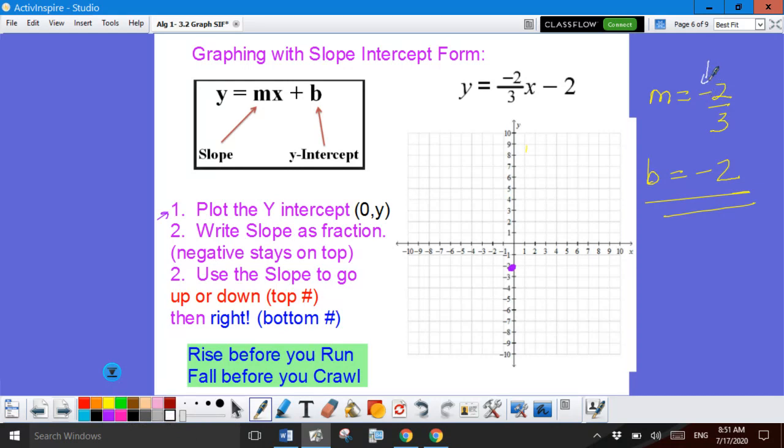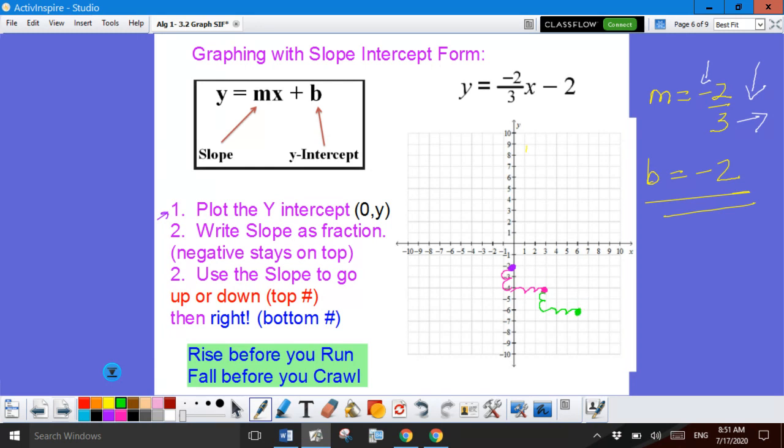Here's what you need to realize. This negative tells me that I'm going to go down 2 and right 3 from that point. Okay? So down 2, 1, 2, right 3, 1, 2, 3. Here's the next point. Now I can do that motion again, and there's my next point.